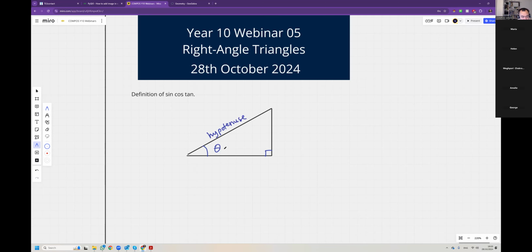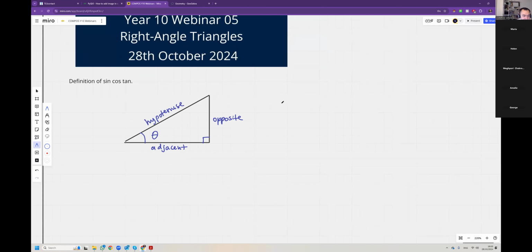The side opposite to the angle is called opposite. And this is the adjacent side.